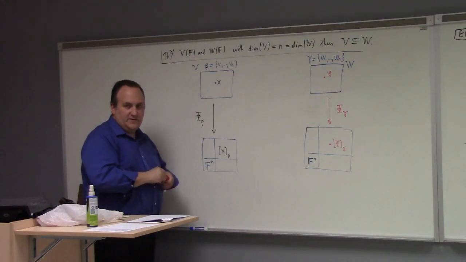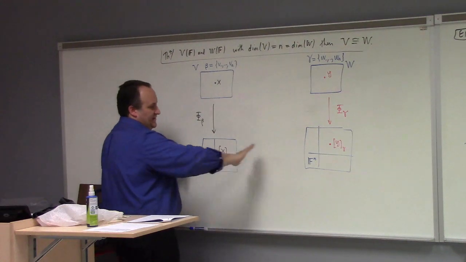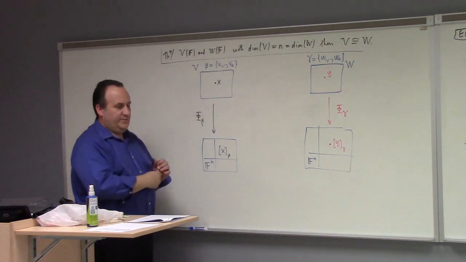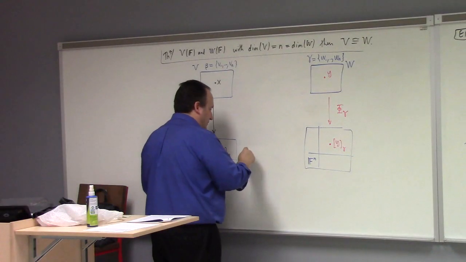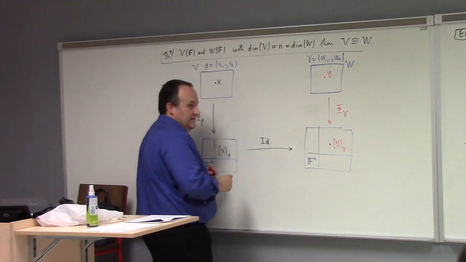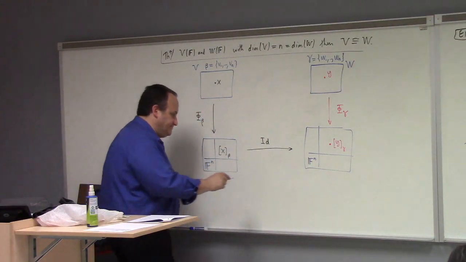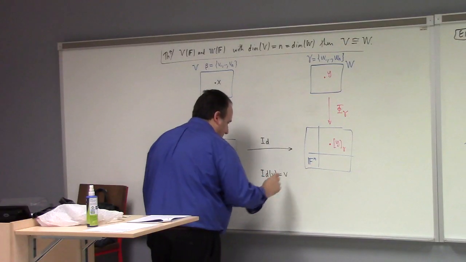Now I want an isomorphism that goes from here to here, right? Now I've drawn these like they're separate. It's the same set though. What's an isomorphism that goes from one set to itself? Well, I should have told you this already, but the identity map does that, right? So the identity map just does that.